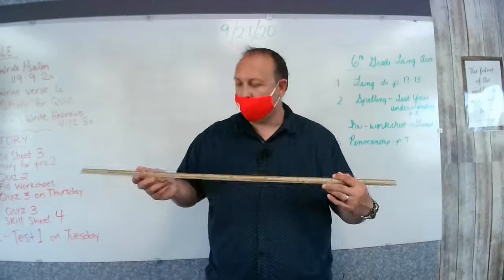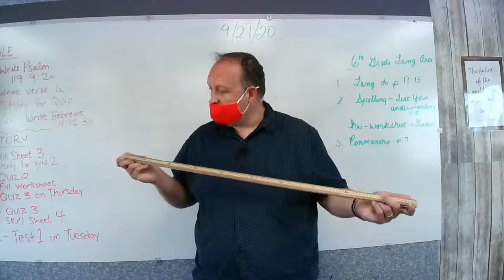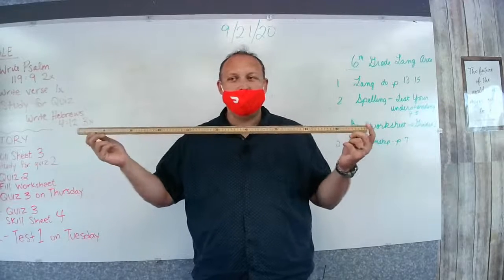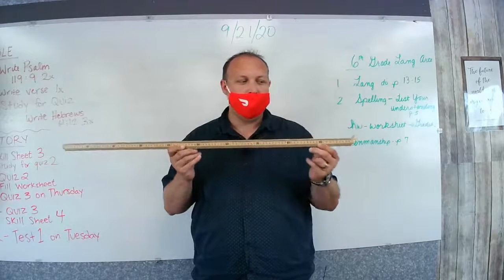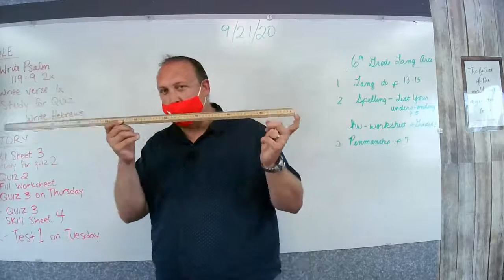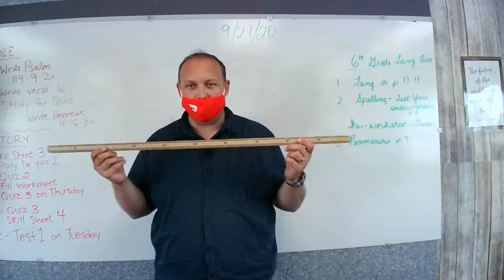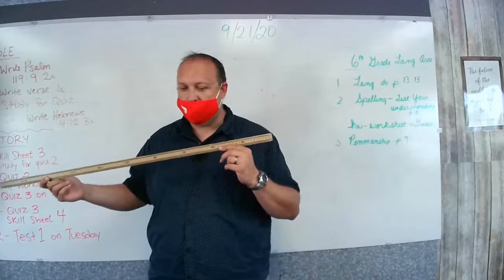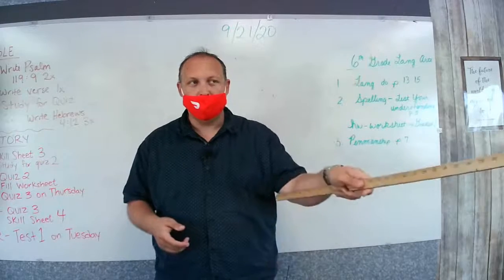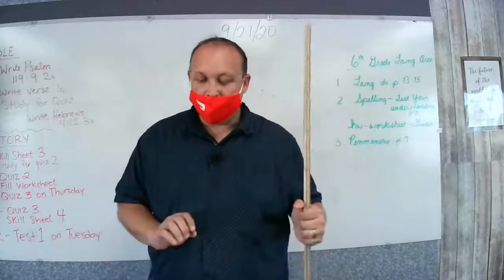Remember, this meter stick is broken up into centimeters, all labeled, right? So 100 centimeters equal 1 meter. And we already talked about it, 10 decimeters equal 1 meter, right? So which takes more, centimeters or decimeters? Centimeters. Okay?